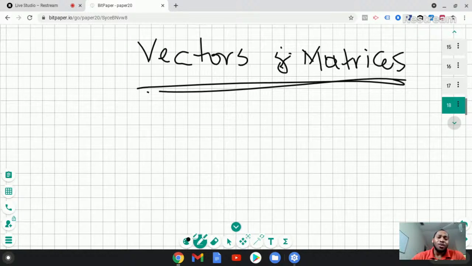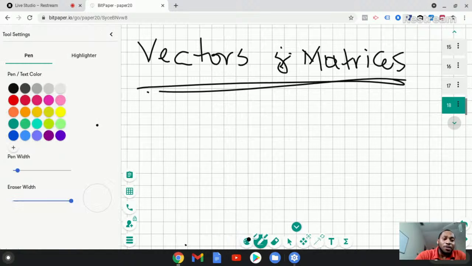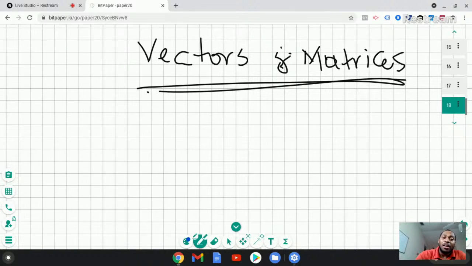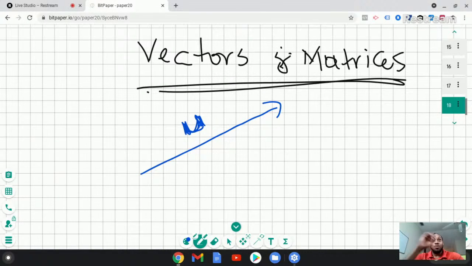So now, what does it look like? You've probably seen them. When I say there is a direction, it points you a certain way. The vector can go this way, and normally they use bold letters for it most of the time, but I probably won't be bolding stuff the whole way. Otherwise, it's going to take a little bit of time to finish this. But you can see a vector U, V, however they name it.